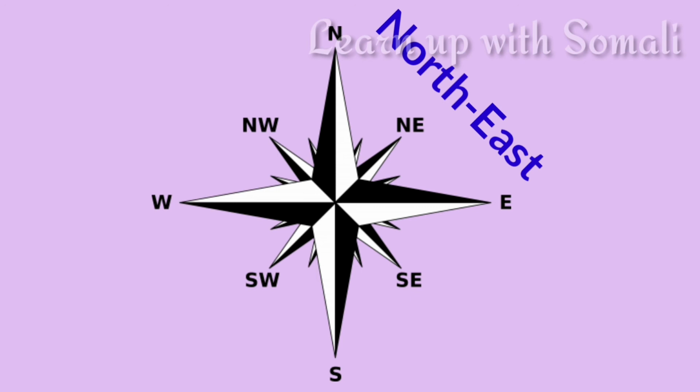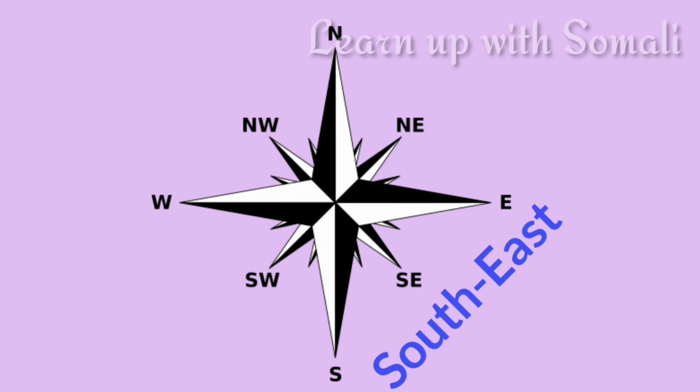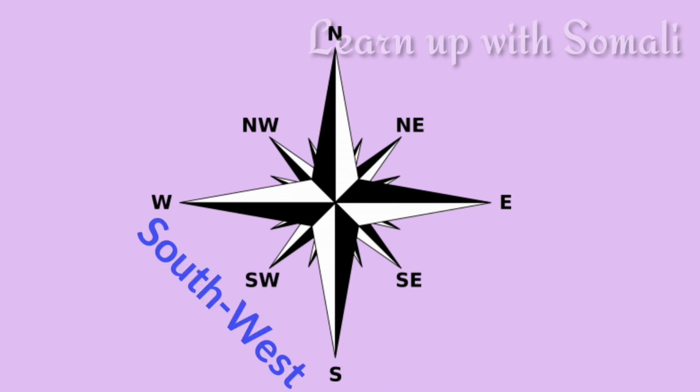The northeast lies between the north and the east. The northwest lies between the north and the west. The southeast lies between the south and the east, and the southwest lies between the south and the west.